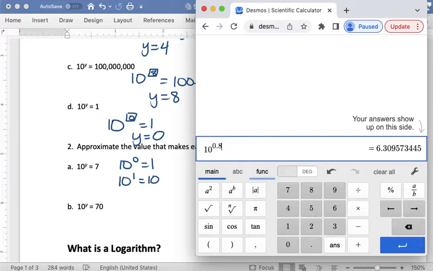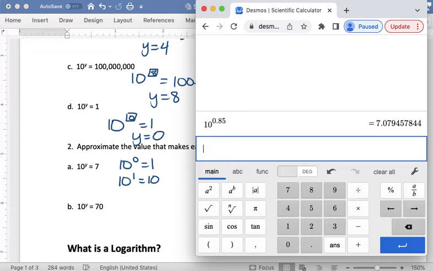And we want 2 decimal places, so I'm going to add some decimal places here. Let's try 0.85. Oh, that's pretty close, 7.079. So now let's see if we can get closer than that if we go to 0.84. So that's 6.91. So looking at these two, deciding which one is closer to 7, it's going to be the top one because this is 8 hundredths away.